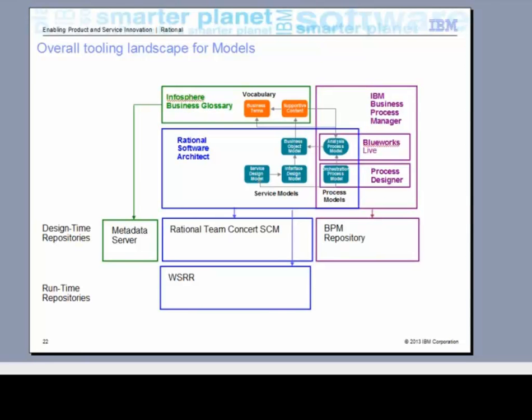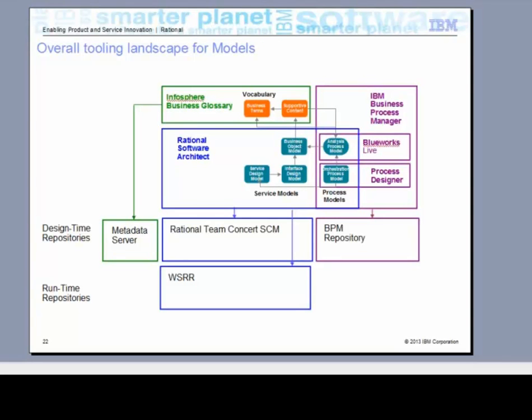Here's a look at the way the models fit with respect to the IBM modeling tools, where Rational Software Architect, in blue there, supports the business object model, the analysis process models, the interface design model, the service design model, as well as the orchestration process model. These models are delivered by the industry models team as a set of interrelated models, and they can all be pulled into RSA. They're delivered in that file format.